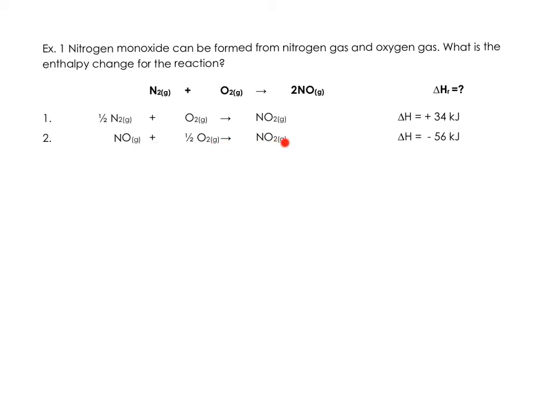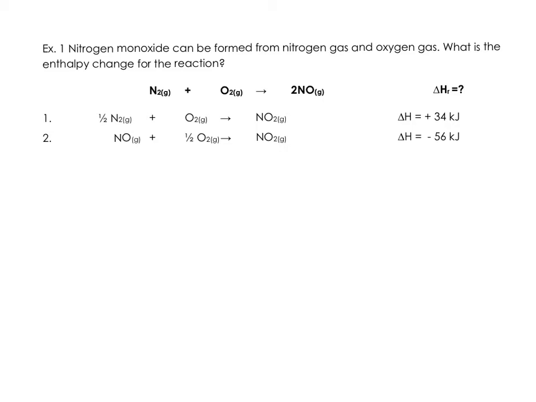So then you ask, is it on the correct side? In equation 2, it's a reactant. But in the overall reaction, it's a product. So we're going to have to get equation number 2 manipulated so that not only is the entity on the correct side, but it also has the correct coefficient.